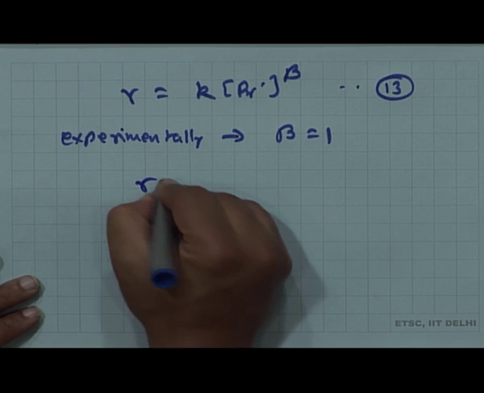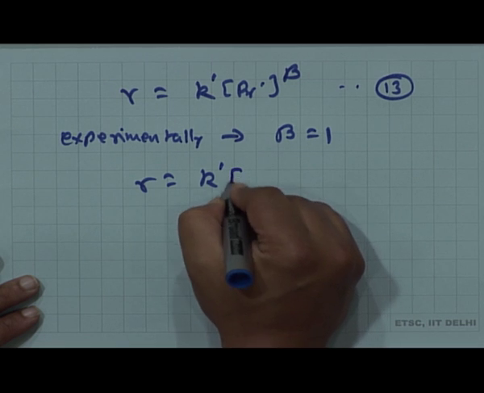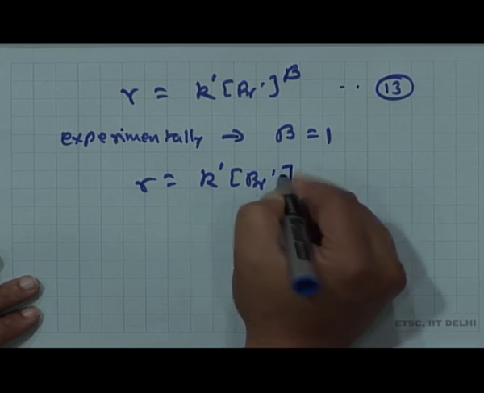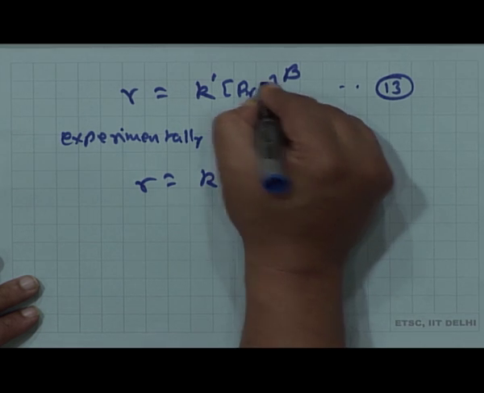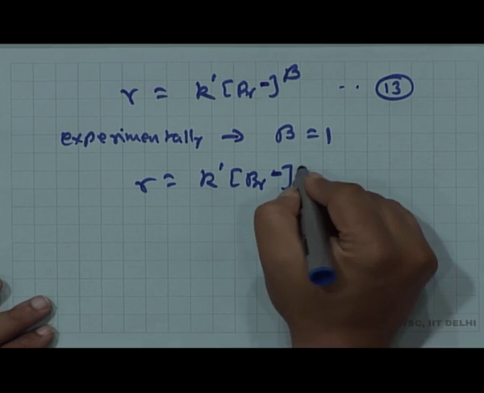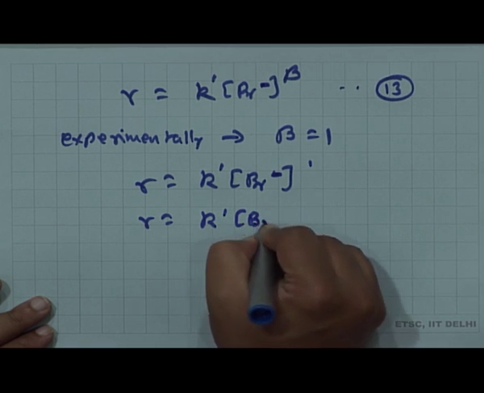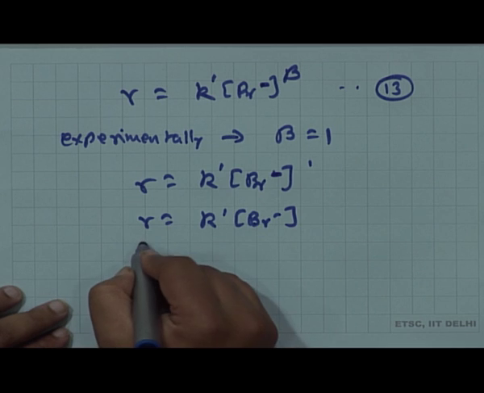Then we say that R is equal to K prime, sorry, K prime Br minus raised to the power 1, or R is equal to K prime Br minus. Okay.